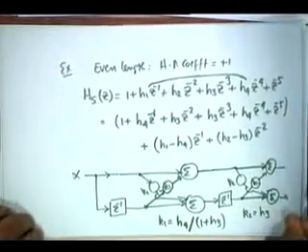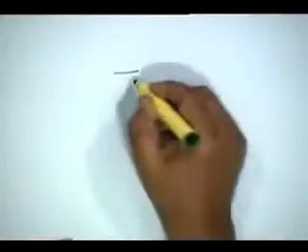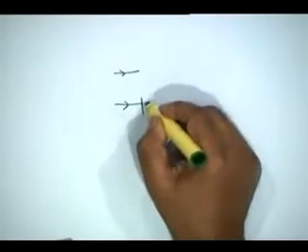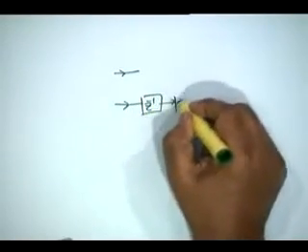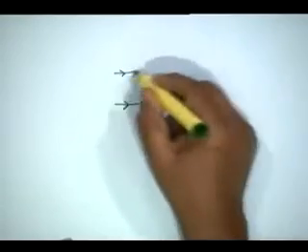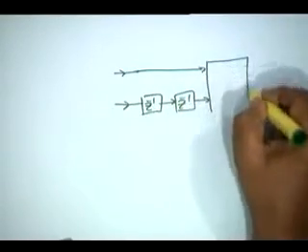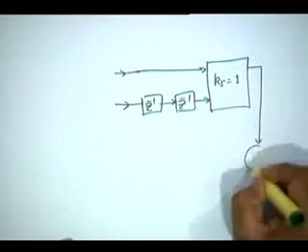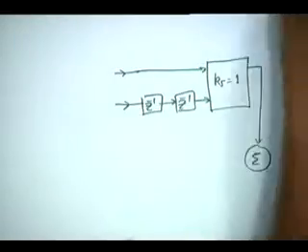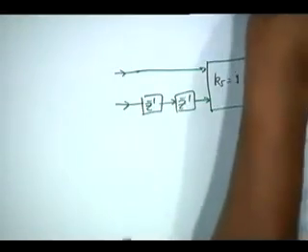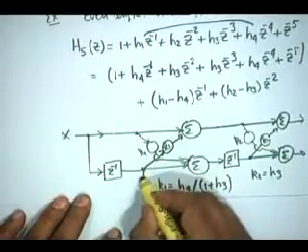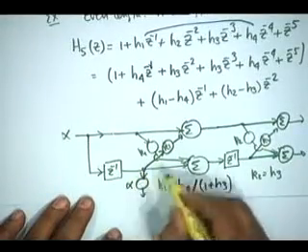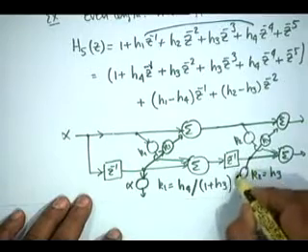Next two are K3 and K4 are 0, and therefore I shall have two delays, Z inverse, and finally K5 equal to plus 1. K5 equal to 1. The output shall combine with taps from Z inverse, that is from here call this alpha, and from here call this beta.